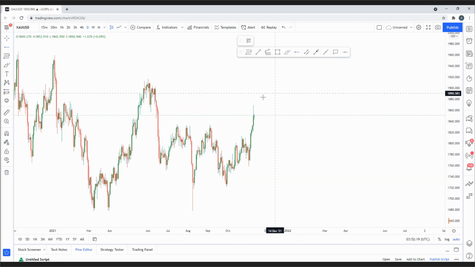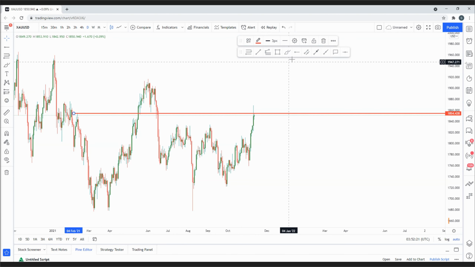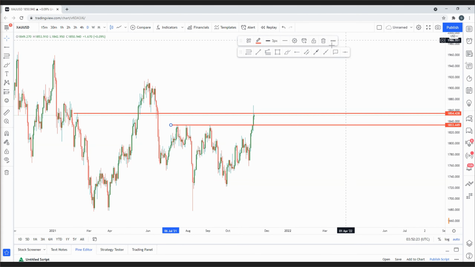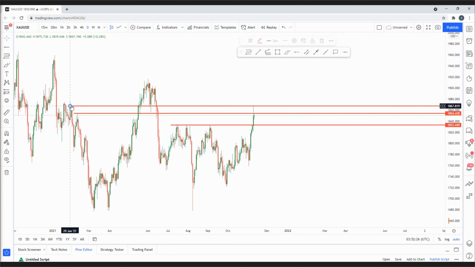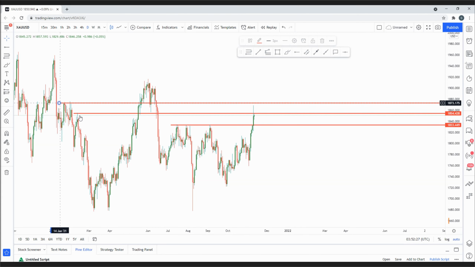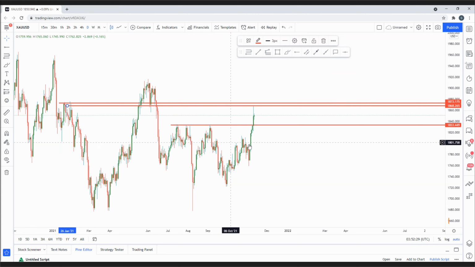Okay, let me show you guys again because I think this one was quite messy. This one is your take profit level, and this is your stop loss level. Or you can put your sell entry price here, at the next high, the high here.